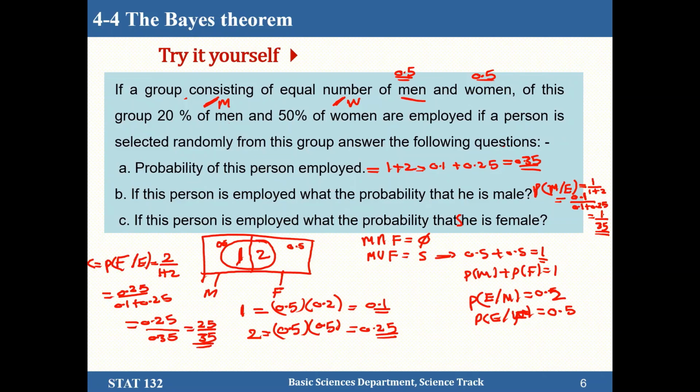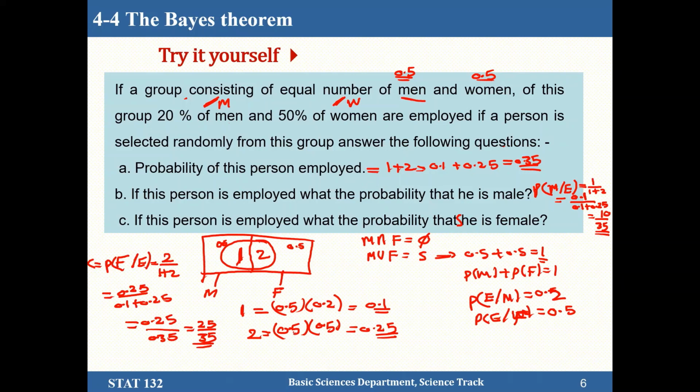Note, this is 10 over 35, 25 over 35, and 10 over 35 plus 25 over 35 equal 1.